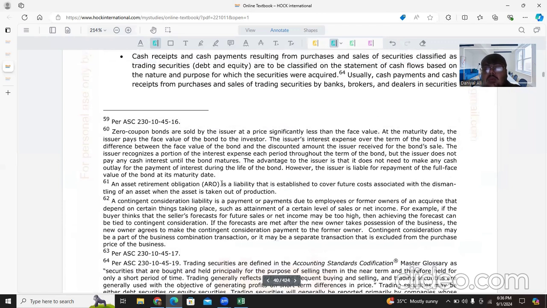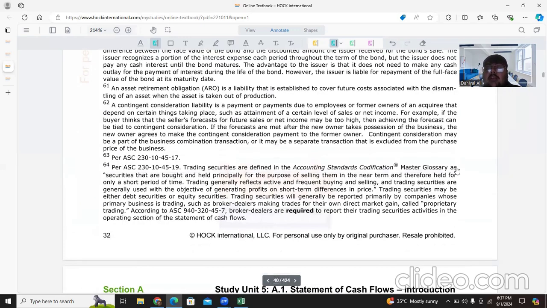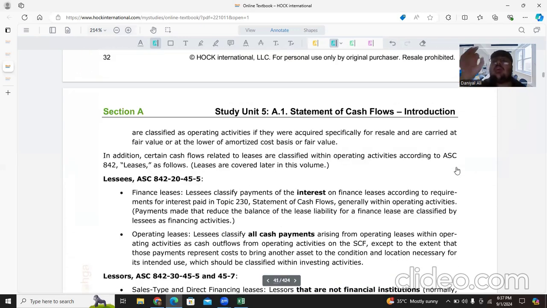Your ASC 230 makes a difference when you pay cash or when you receive cash on the purchase and sale of trading securities by banks, by brokers, by dealers, or in some other ways. Its classification refers to the securities. If you are classifying it as a security, then that cash balance is reflected in your operating activities.